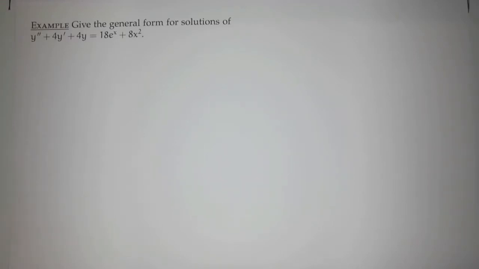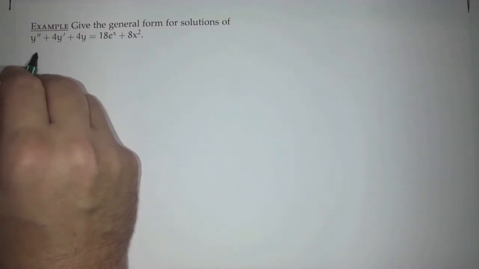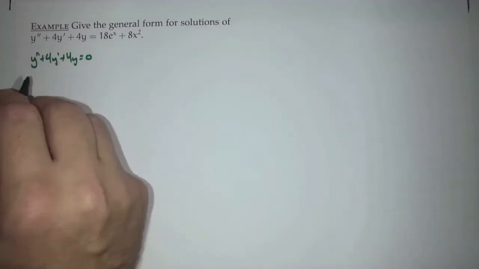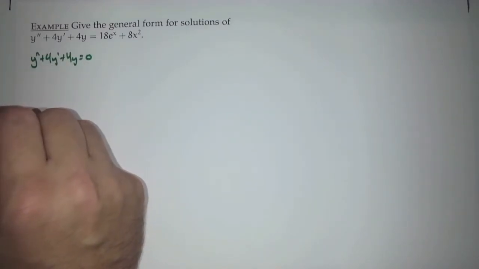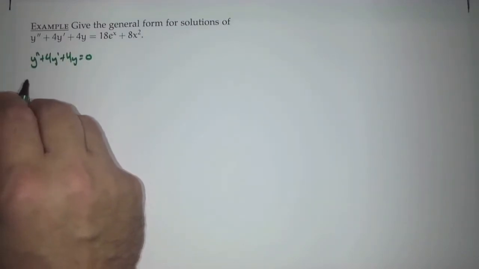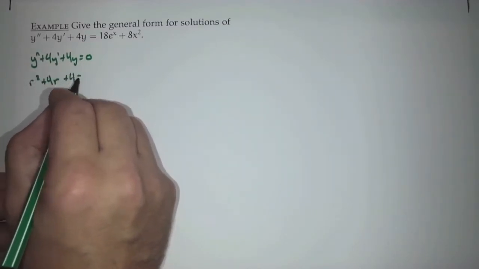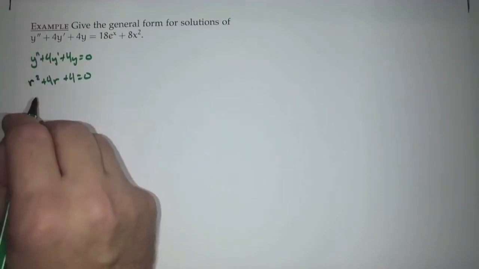y_c. Okay, so we're finding the homogeneous part. y double prime plus 4y prime plus 4y equals 0. What is that in terms of our characteristic polynomial? r squared plus 4r plus 4 equals 0. Does that factor? Yeah.